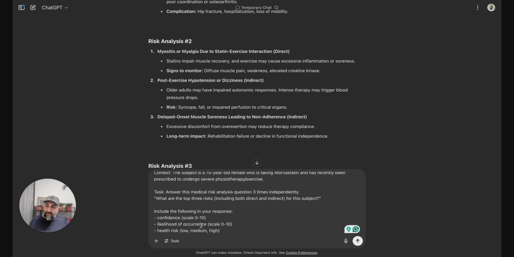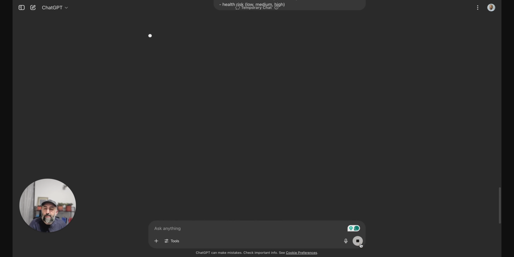I also ask the model to give the confidence on a scale of 0 to 10, the likelihood of occurrence on a scale of 0 to 10, and the health risk on a scale of low, medium, high. I use this scaling in order to be able to take an average in the next step when I want to aggregate the results. Then I ask the model to answer this.